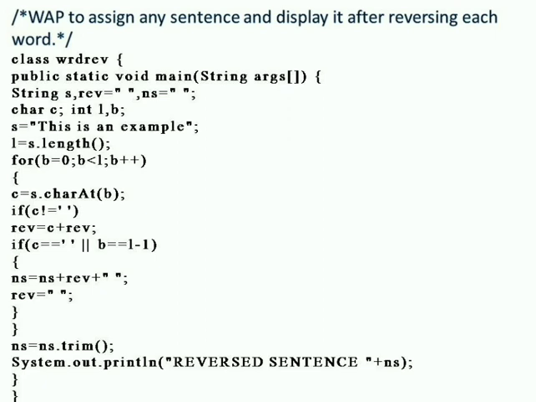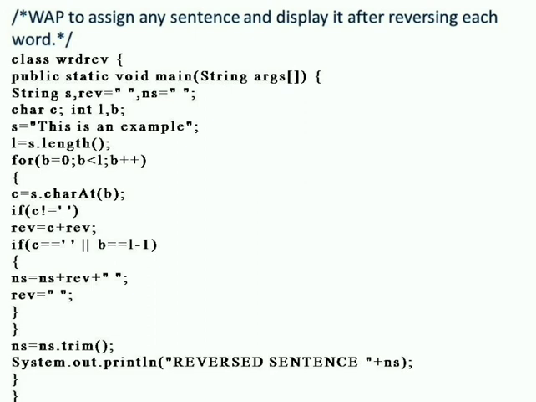Then I have taken three string variables, string s, rev equal to space and ns equal to space. Then next line I have taken char variable c, then int variables l and b. Then in the next line I assigned one sentence, s equal to this is an example.